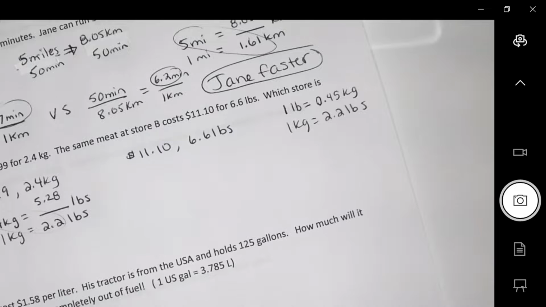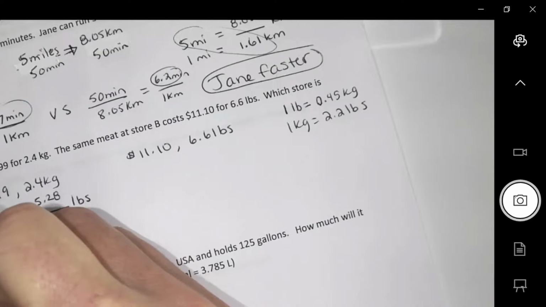Okay, so 5.28 pounds. What makes more sense in real life? The price per pound or the pounds per dollar? Price per pound.